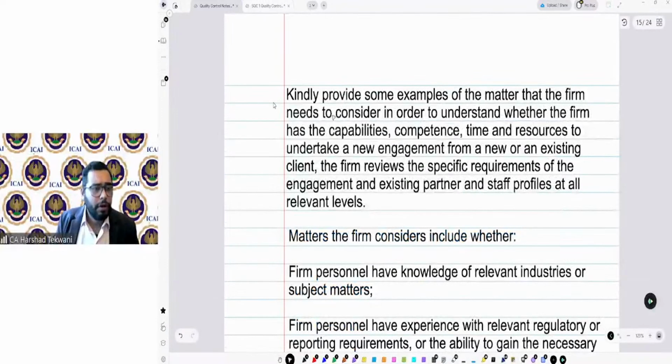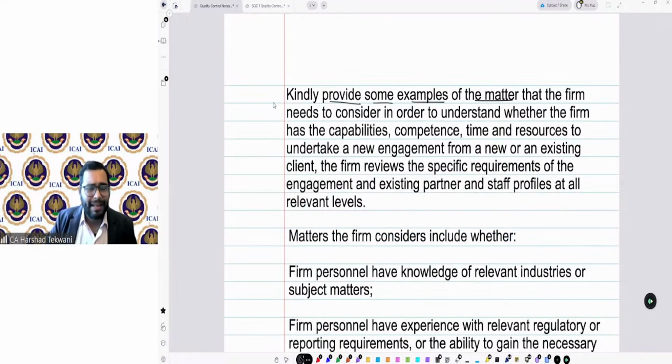So the question was, provide some examples of the matters that the firm needs to consider in order to understand whether the firm has capabilities, competency, time, and resource to undertake a new engagement from a new or an existing client.